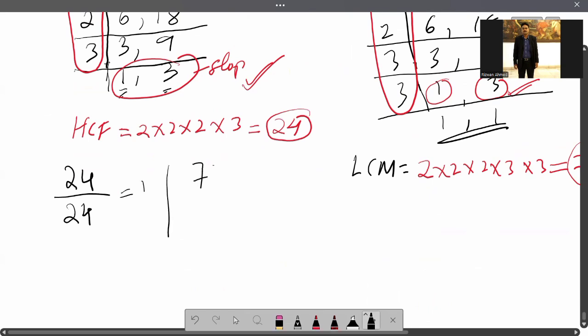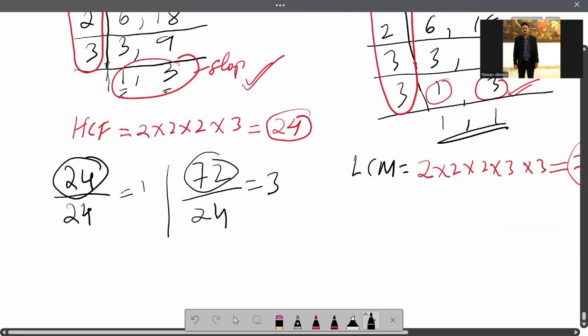Similarly, if we put 72 and divide by 24, it will be 3. So both numbers are divisible by the HCF. So our HCF is correct.